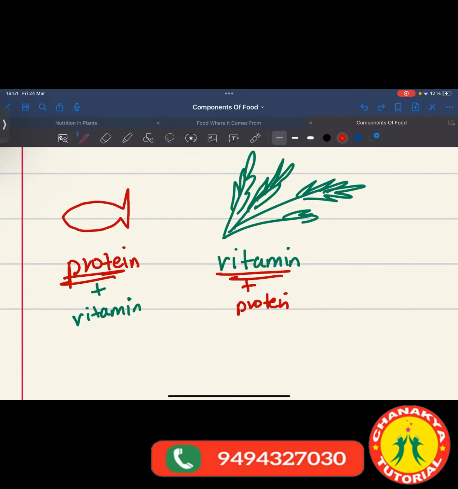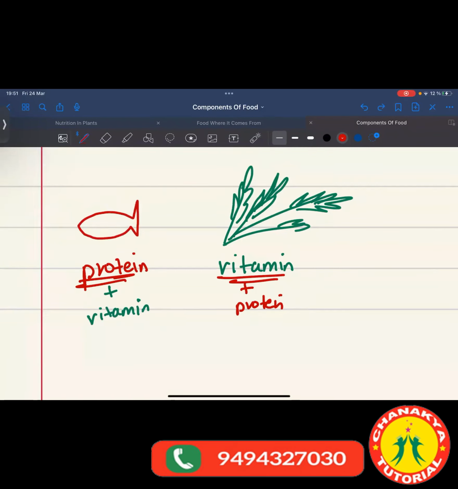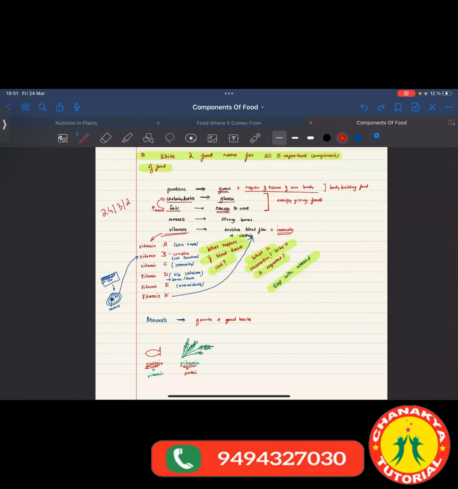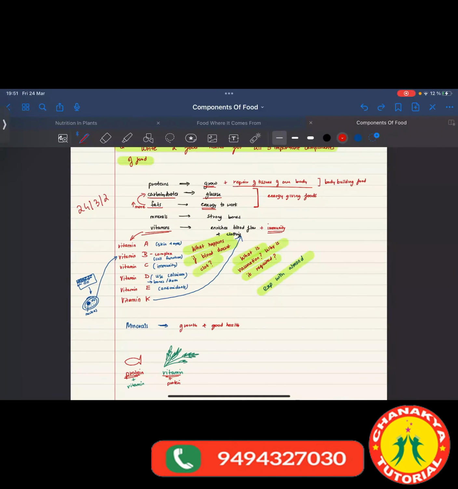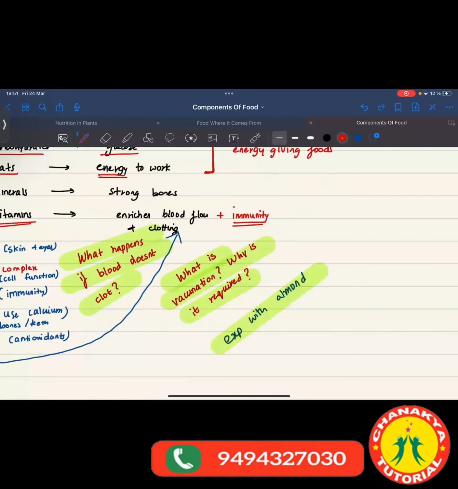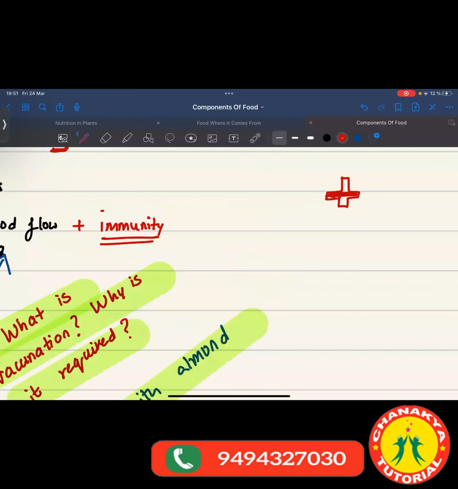Besides these, additional to all these 5 nutrients, we need another important thing. Can anyone tell me what is that? One component of food that you should have every day. Roughage. Okay.